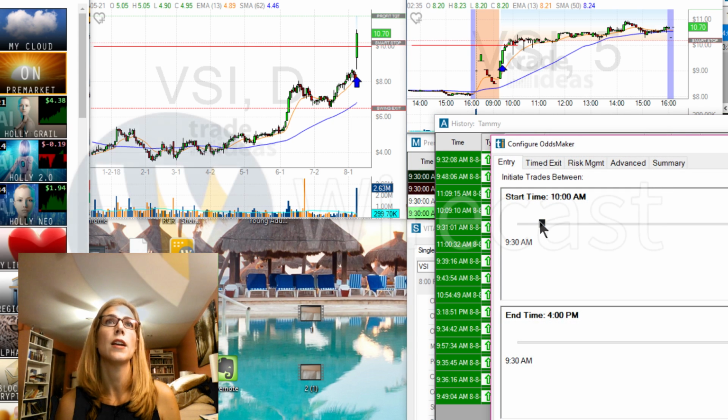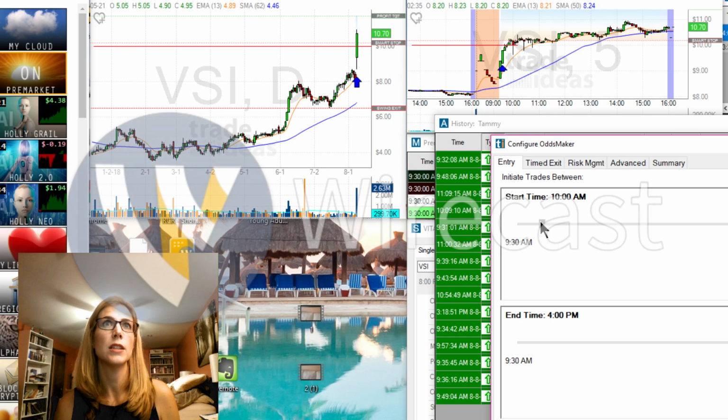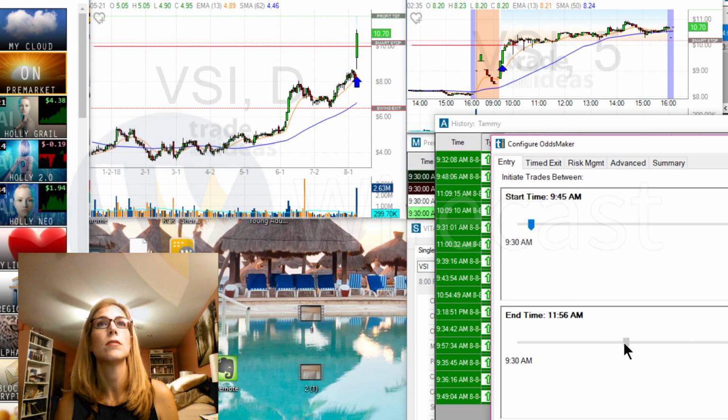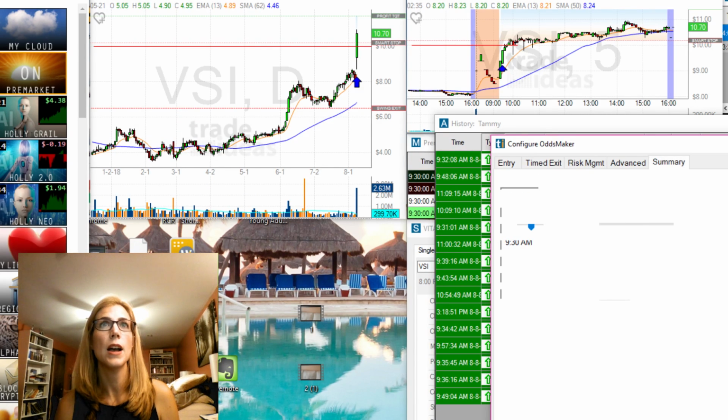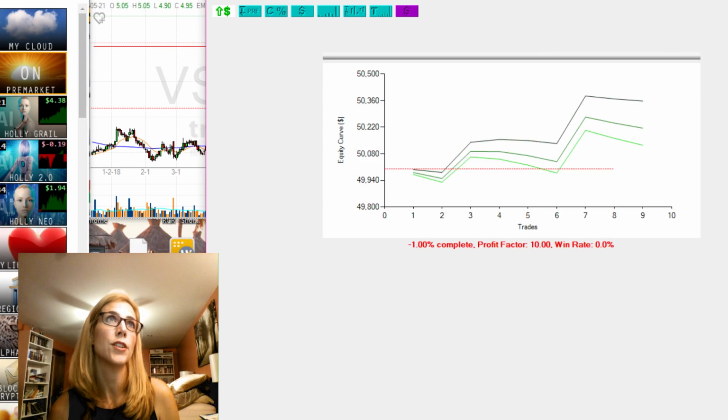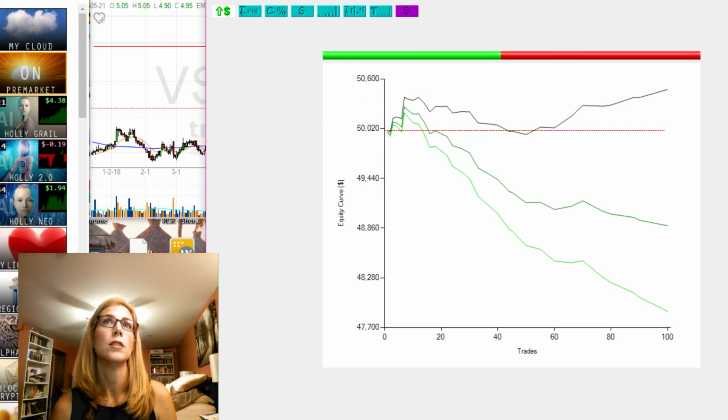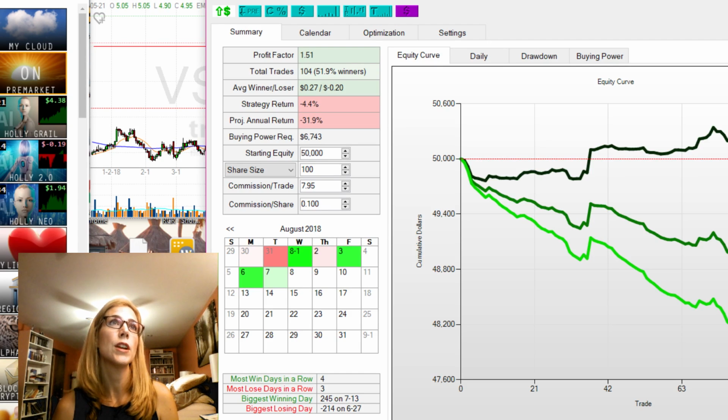We know that it has broken out, so maybe from 9:45 to 11:59, let's simulate buying and see how this strategy would work overall: the win ratio, profit factor, everything like that.